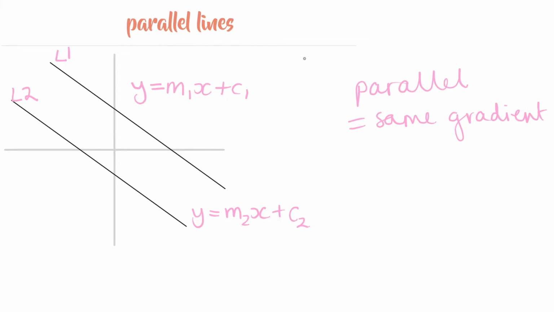If you remember, the letter m represents the gradient. So because the lines L1 and L2 are parallel, we know that the gradients have got to be the same. So m1 and m2 are equal. And this is something very useful and very important to remember and learn. It's a nice simple one to remember: when two lines are parallel, their gradients are equal.